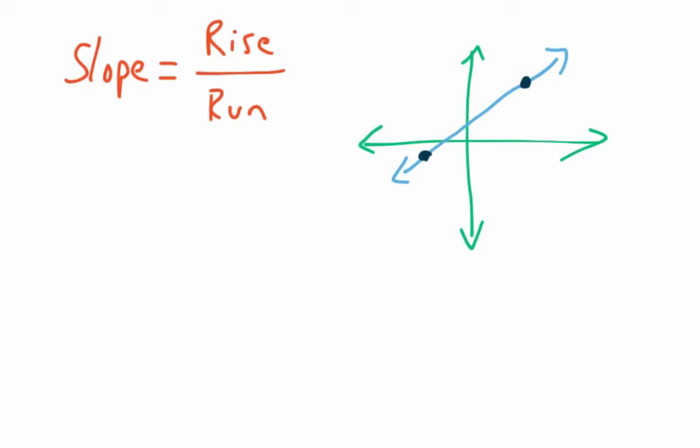So I could pick a couple points on that line, and to figure out the slope, you could turn it into a right triangle, and you have your rise, how much does it go up, then you have your run, how far does it go horizontally. That would be how you could get the slope from a line. Good? If we're looking at that blue line, is it going to be positive slope or negative slope?